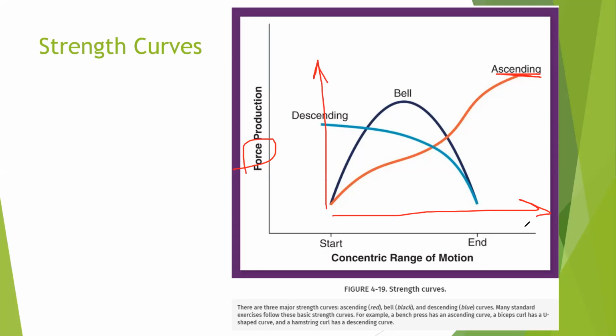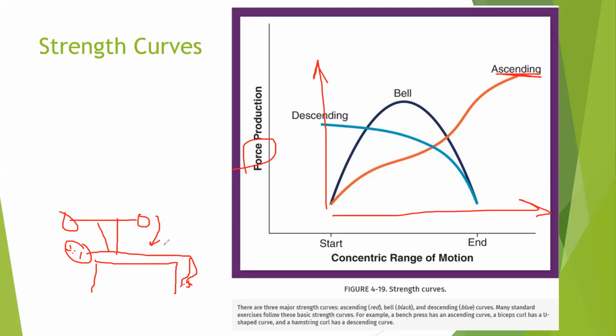Something like a bench press is going to have an ascending curve. If you think about it, with a bench press, you start out lifting that weight on your bench there, and you go down with that weight, and again, we're only measuring the concentric here.